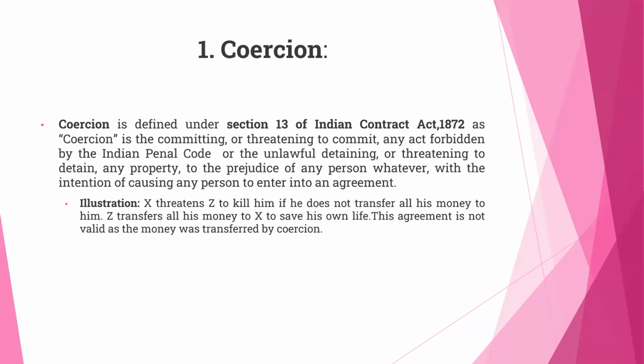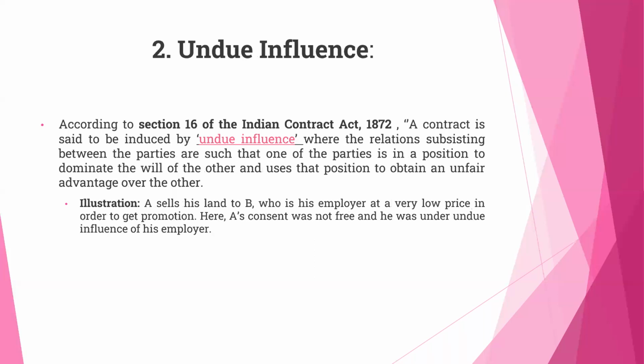For example, X threatens Z to kill him if he does not transfer all his money to him. Z transfers all his money to X to save his own life. This agreement is not valid as the money was transferred by coercion.